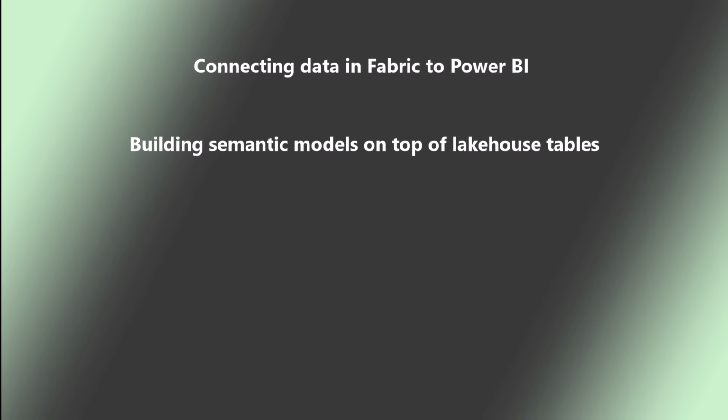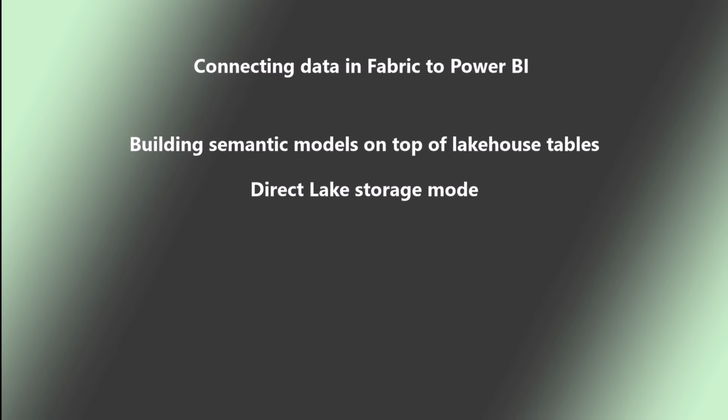In this video, it makes sense that we continue that path and look at the next step, which is how do we connect data in our data stores, so in a lakehouse for example, to Power BI. So how do we build semantic models on top of lakehouse data? We're going to explore in a bit more detail something called Direct Lake mode, which if you're a Power BI developer, you've probably already explored a little bit, because I know for a lot of Power BI people, this is the number one feature.